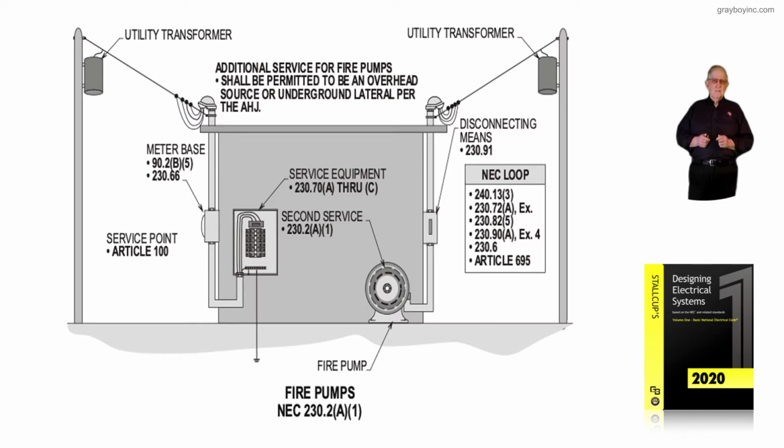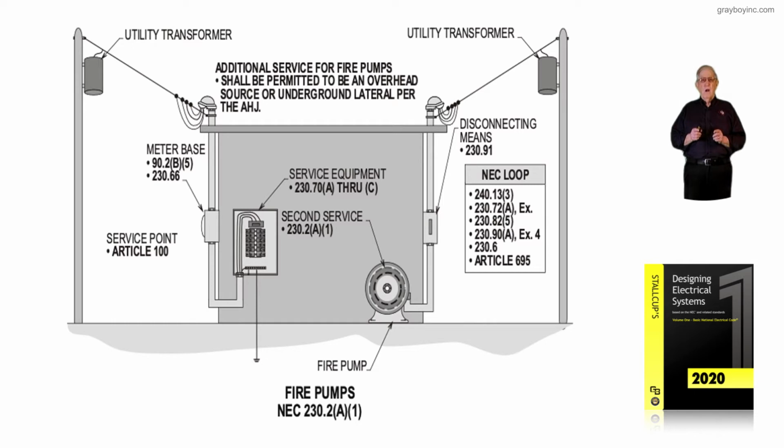One thing I would like to call out here, though, is the information at the very top of the facility. Additional service for a fire pump is very well documented in 230.2(A)(1) and is permissible. But notice that the authority having jurisdiction may not allow two overhead services.